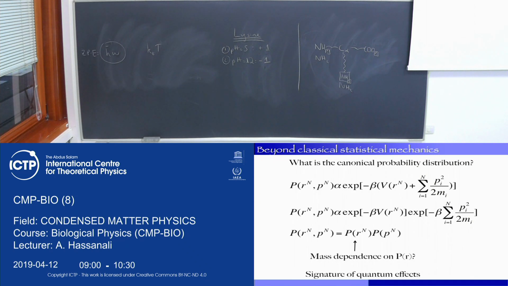Smaller, less than, equal? The model breaks down. Yeah? No, I'm saying the classical approximation breaks down. Because, you understand why?